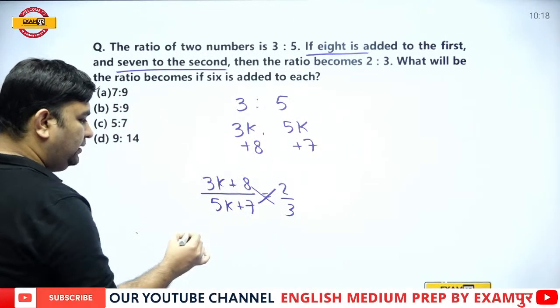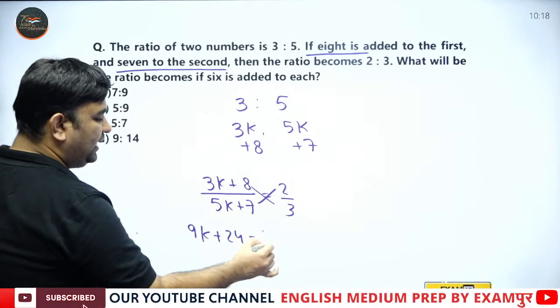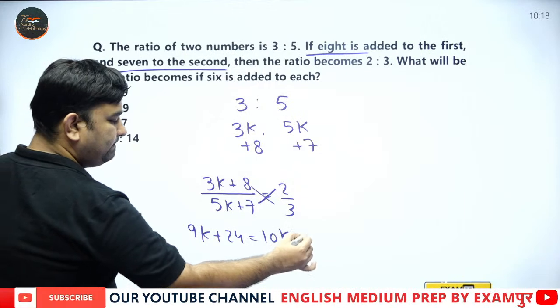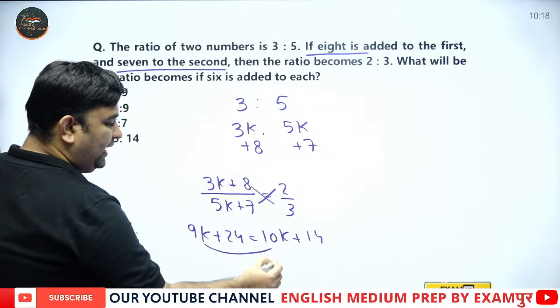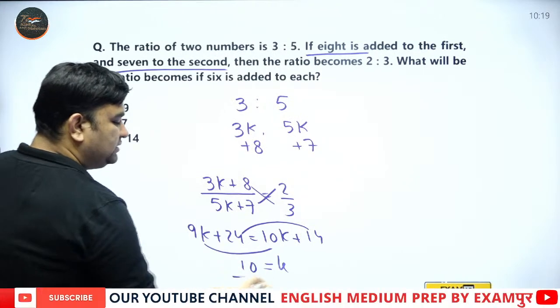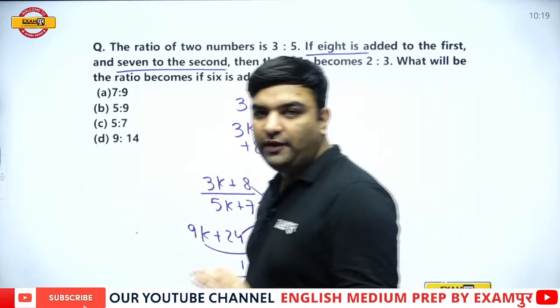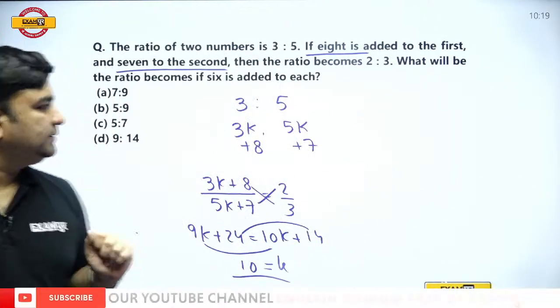Cross multiply: 9k plus 24 is equal to 10k plus 14. So k is equal to 10. What is the value of k? K is equal to 10.